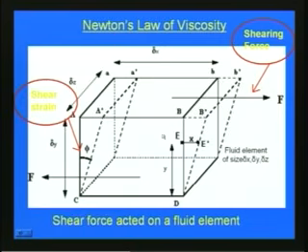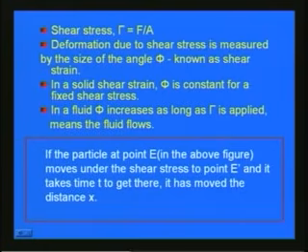With respect to the shear force, the shear strain we will consider is phi. Shear stress can be written as tau is equal to shear force divided by area A, and the deformation due to shear stress is measured by the size of the angle phi, known as the shear strain.